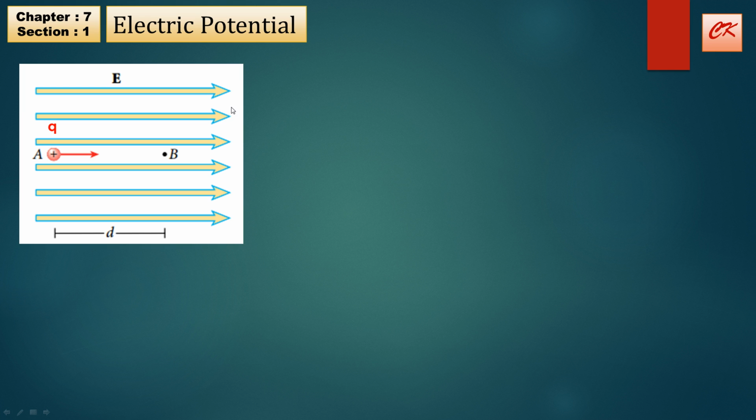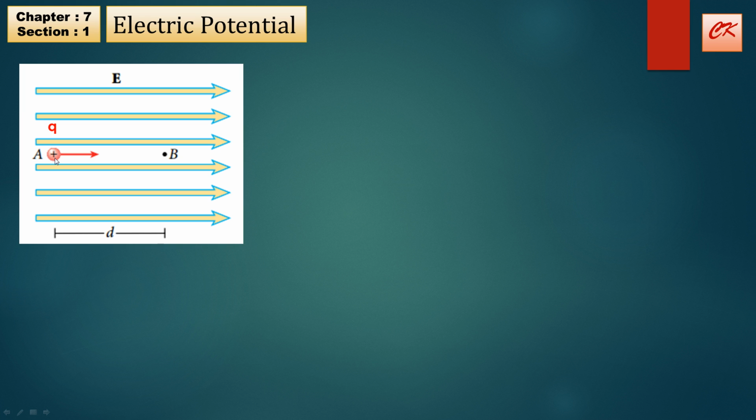I think you learned it: electric field lines always start from the positive charge and terminate at the negative charge. So the left side is positive, the right side is negative.